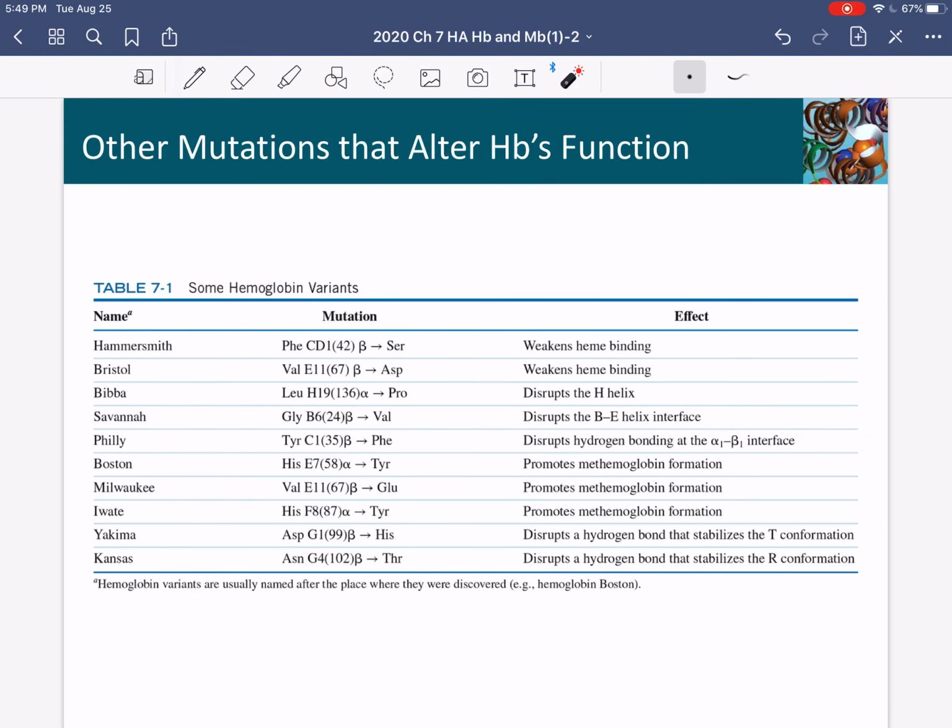There are other mutations that alter hemoglobin's function, and as one of the first proteins ever to be studied at the structural and molecular level, we've been able to come up with many more than are shown in this slide, but this is taken from your textbook, and it shows you the actual molecular problem with each of these thalassemias and other mutations that cause different types of anemias.